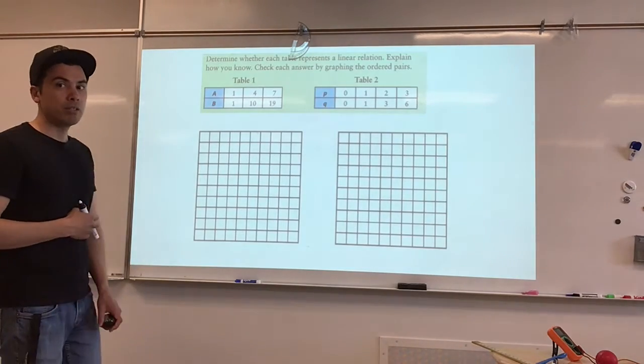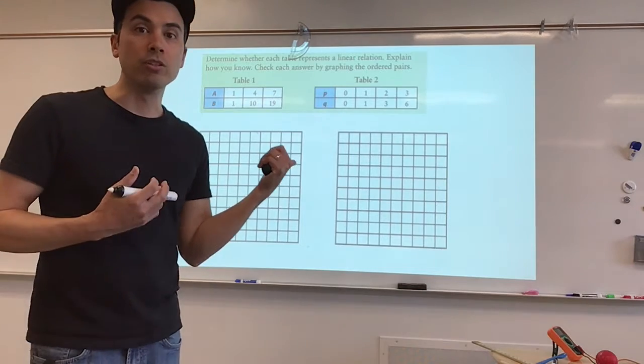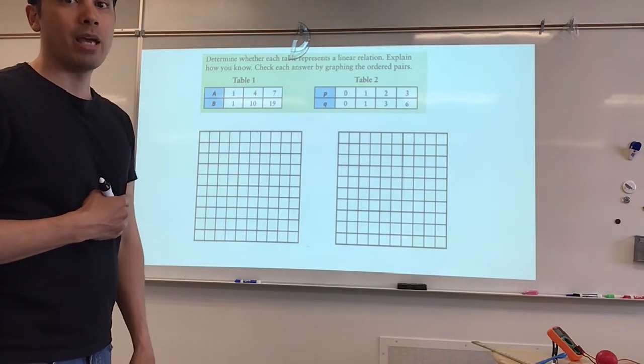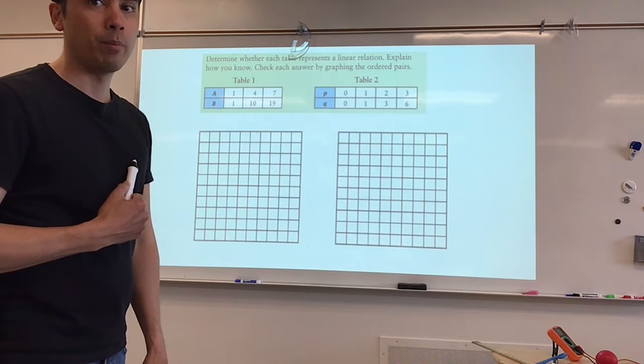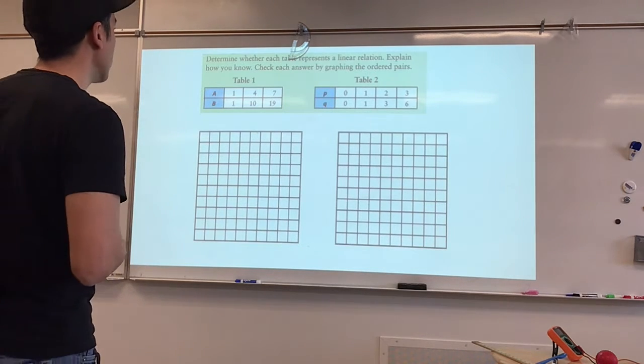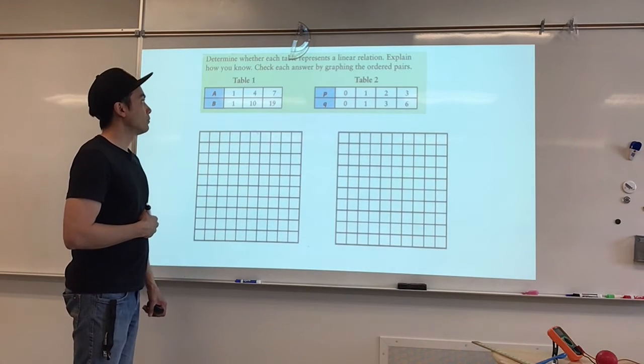Here's where you might see a question like this one. We're given two tables of values and we want to decide which one could possibly represent a linear relation. It says check by graphing.